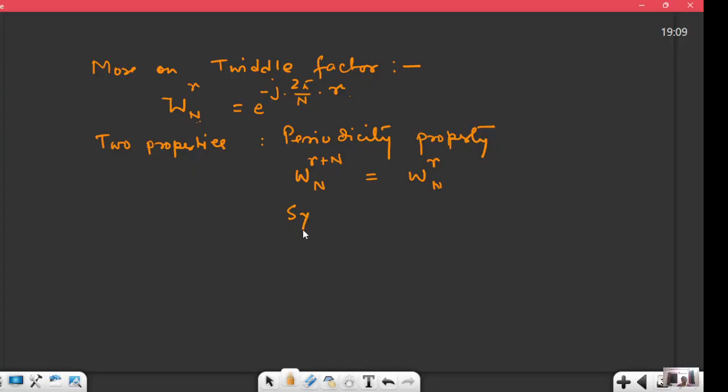Whereas the symmetry property of the Twiddle factor is represented as: if the power crosses N by 2, so N by 2 plus r is replaced by minus W_N^r.